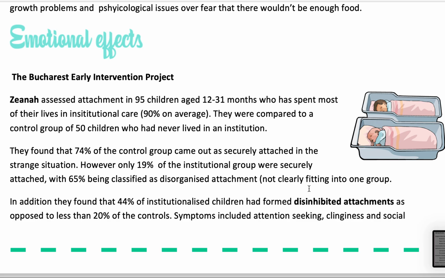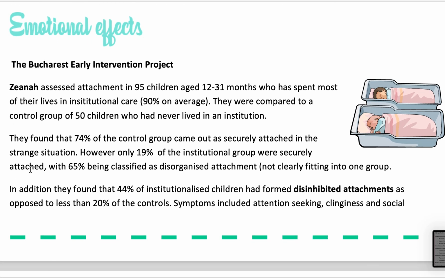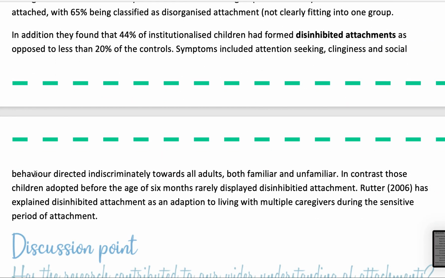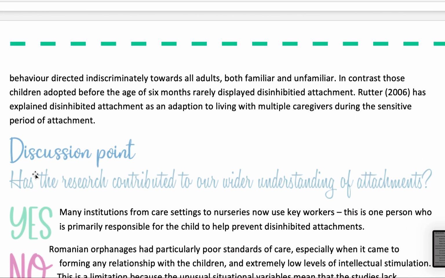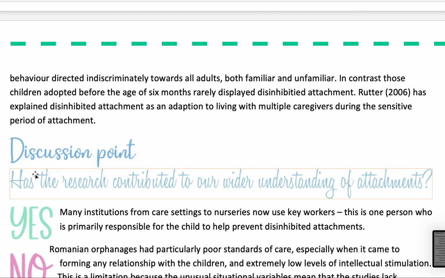So children being clingy, attention seeking, treating all adults in the same way and not showing preference or understanding of how to act between different adults. Only 19% were securely attached. So very low levels. And then Rutter said that disinhibited attachment was how they acted due to being with multiple caregivers.